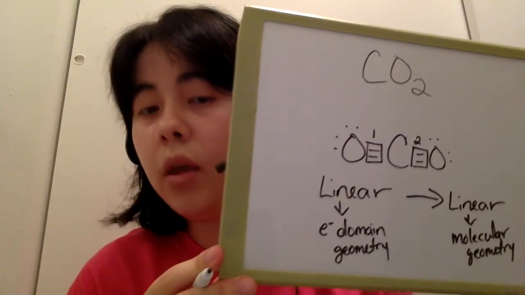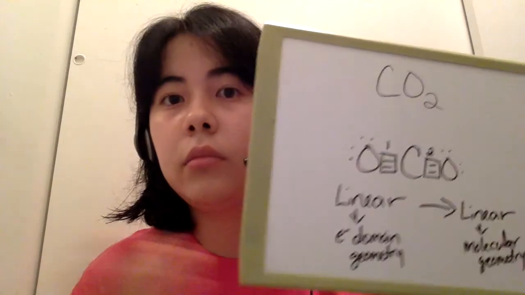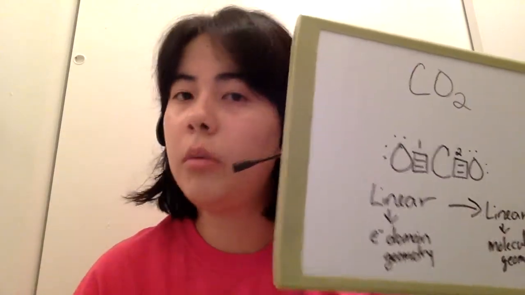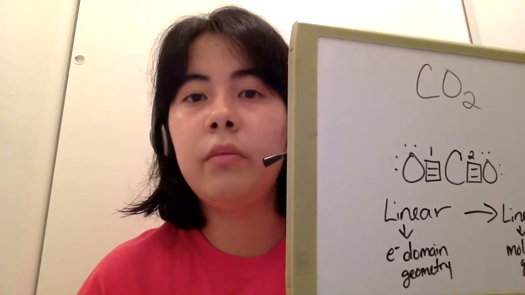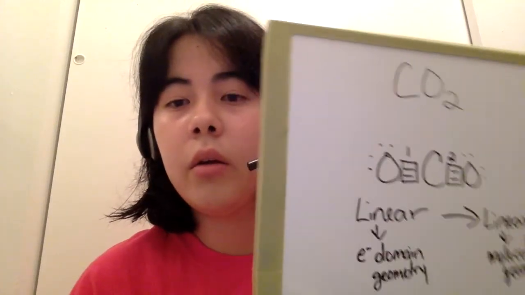Again, just got that straight from table 9.2. There you go. We've determined the molecular geometry of CO2 in 4 easy peasy steps with the help of our best friend, table 9.2.